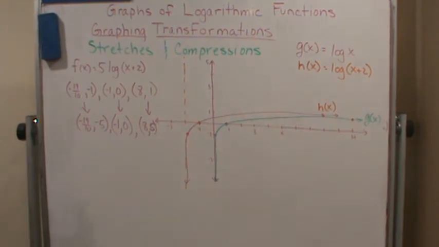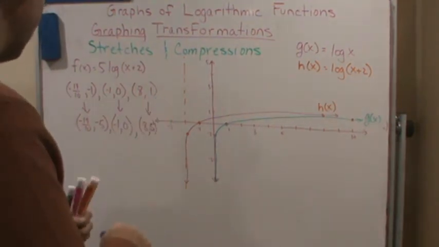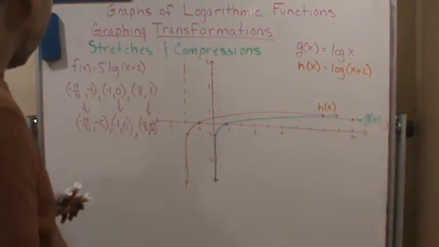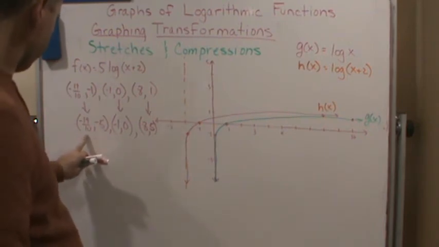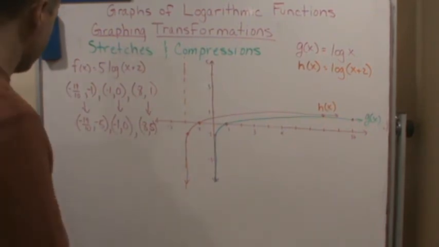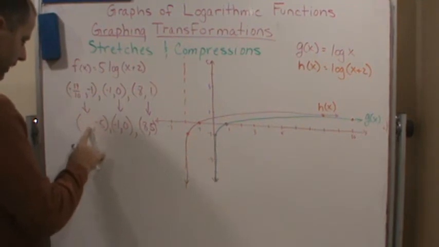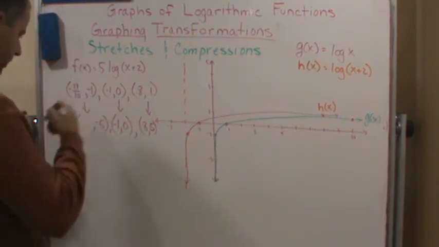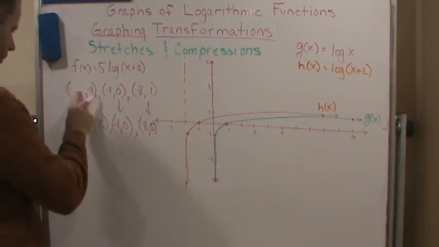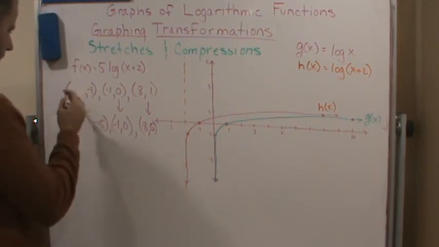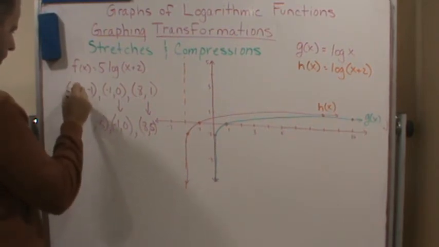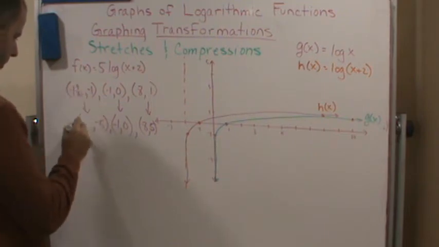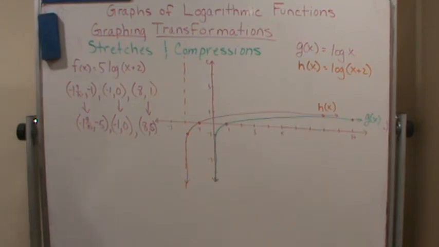And so now when we plot those points, what do we get? This one is going to stay the same, because it's unaffected.